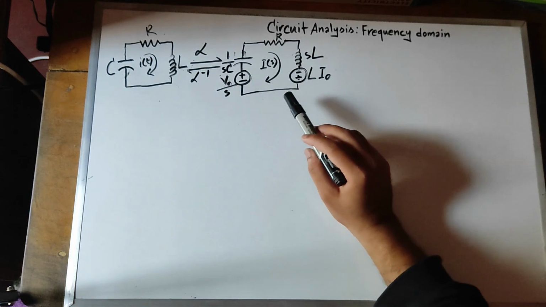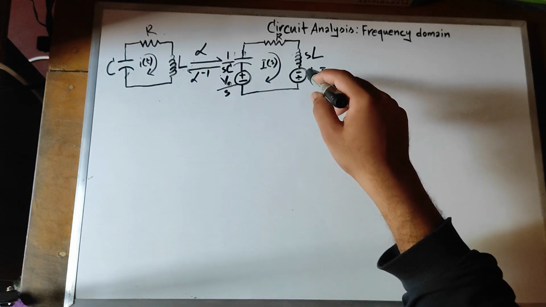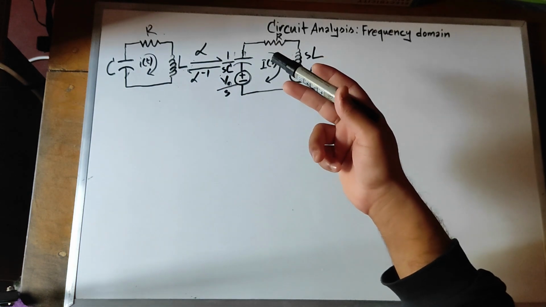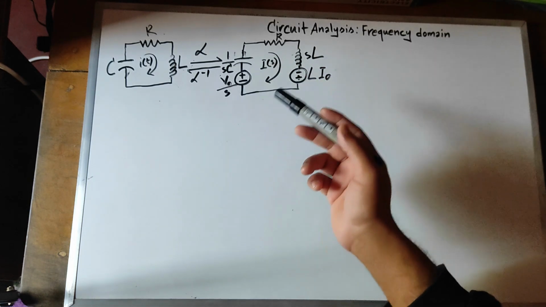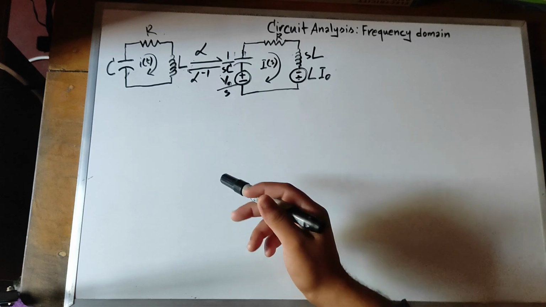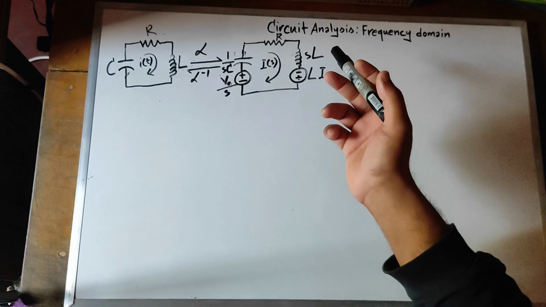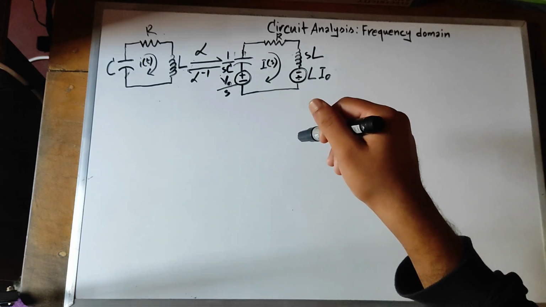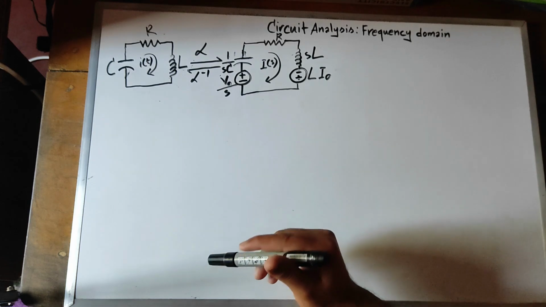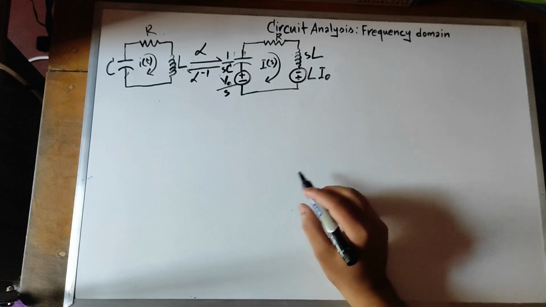Now in the Laplace domain, or frequency domain, the system will generate an algebraic equation, not a differential equation. So it becomes easier to analyze the circuit and solve the equation, because it becomes an algebraic equation. So let us apply KVL.